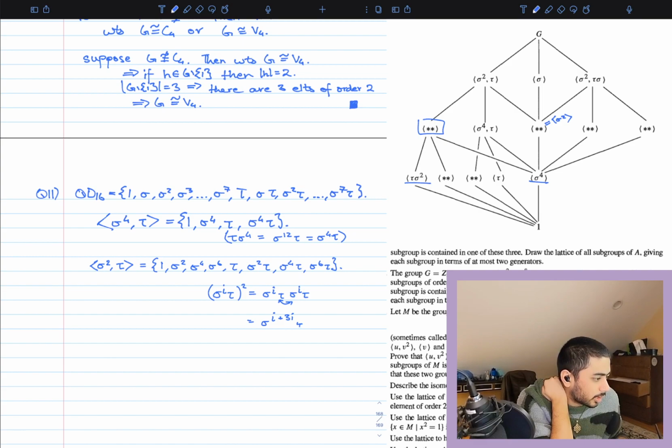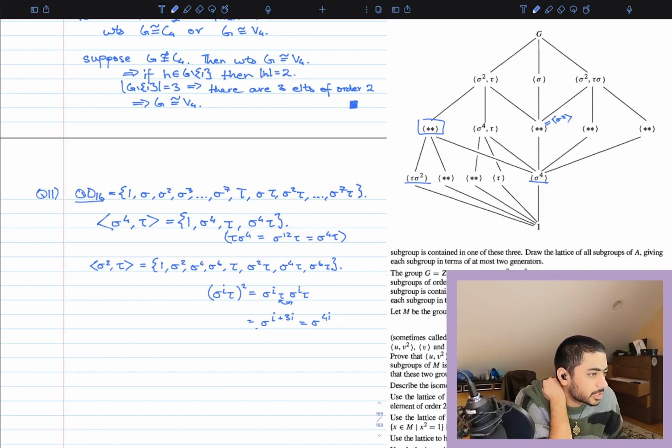And then 2 taus. But 2 taus are just 1, so we can kind of get rid of that. And so this is really sigma to the 4i. I see. So this guy only has order 2 if i is itself a multiple of 2.